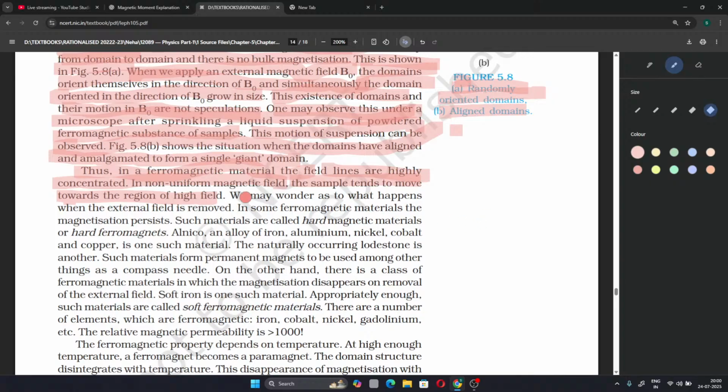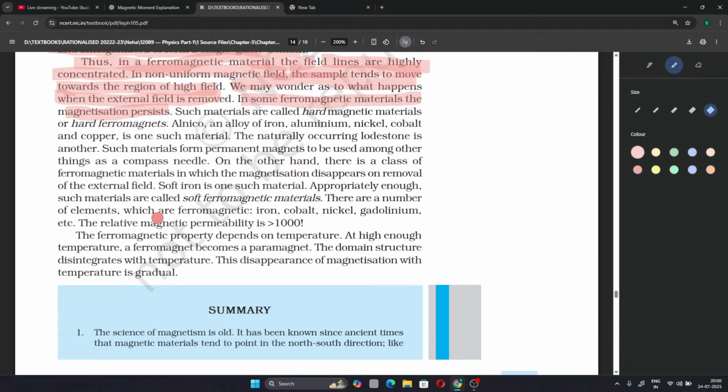We may wonder what happens when the external field is removed. Yes, in some ferromagnetic materials, the magnetization actually persists. Such materials are called hard magnetic materials or hard ferromagnets.